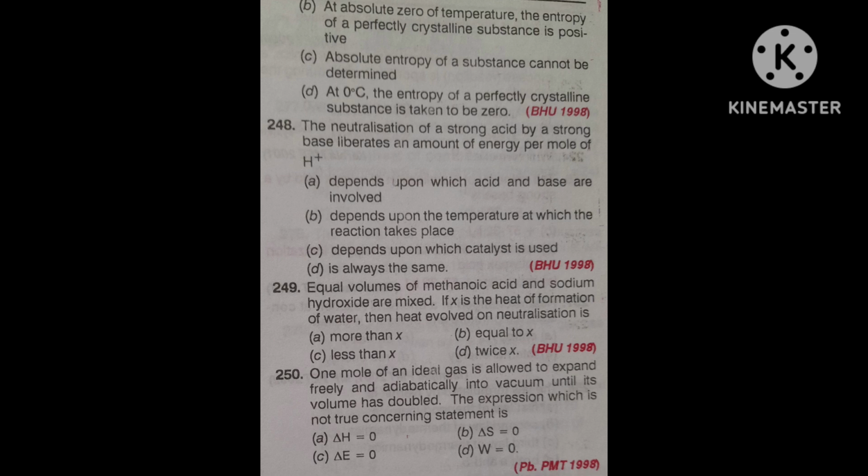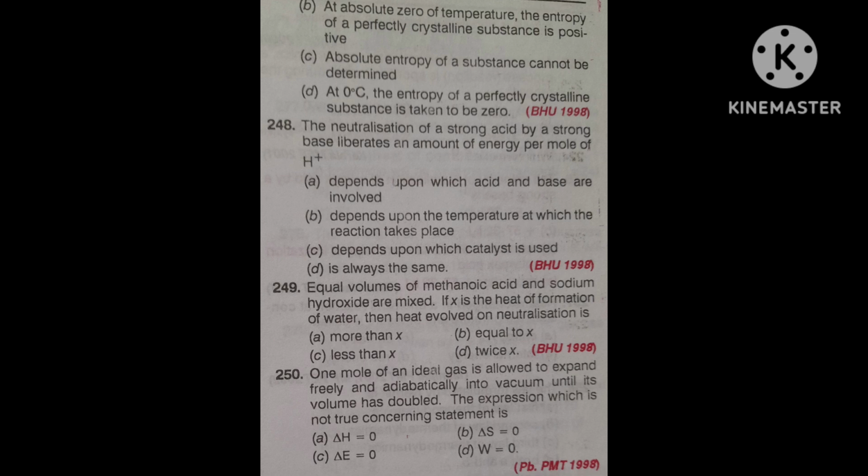Second, N2 gas at 1 atmospheric pressure converting to N2 gas at 8 atm. Third, 2SO3 gas is giving 2SO2 gas plus O2 gas. Fourth, carbon in the form of diamond converted to carbon in the form of graphite.